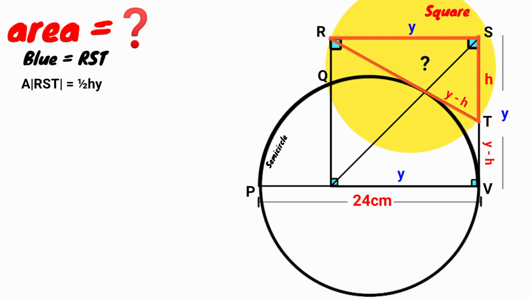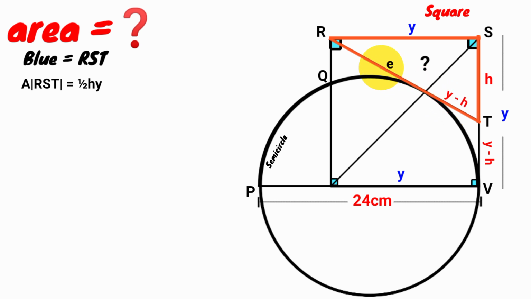Come to this triangle. Since it is a right angle triangle and we have the length of this side to be y, while this is h, this side RT, which obviously is the hypotenuse, is divided into two segments, this and this, where we have this to be y minus h.